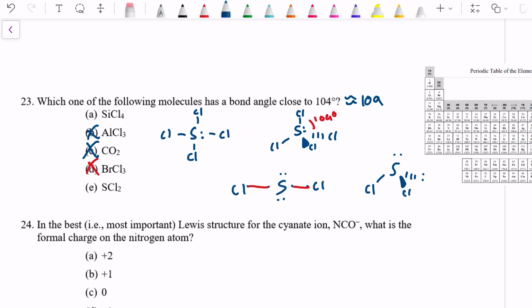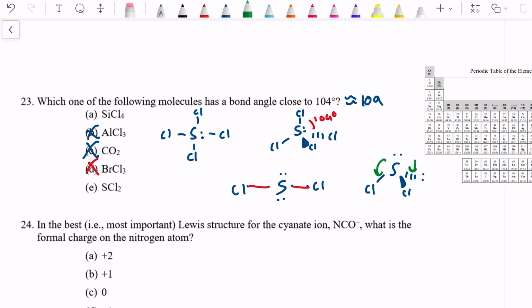But you need to know here that this electron pair has more electron density than these bonds. What it's going to do is push these bonds farther down and close the bond angle.